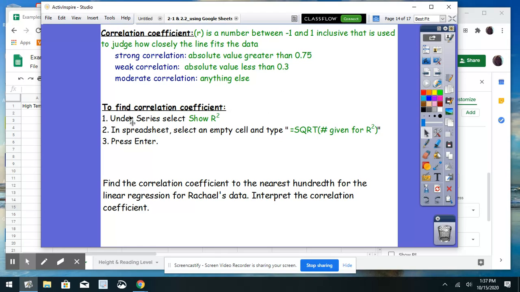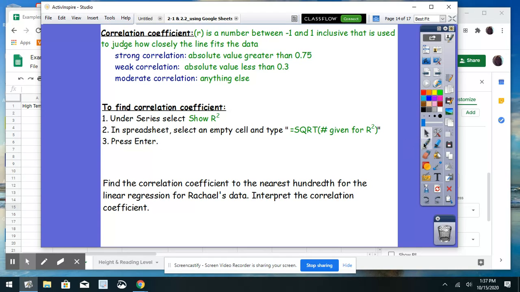So this part is telling us how to find the correlation coefficient. It's located under series, and some of you might have seen a little checkbox that says show R squared. Now, before we go to R squared, I want to point out that we don't want R squared. We want R for our correlation coefficient. So what we're going to have to do is get the R squared, and then find the square root of that.